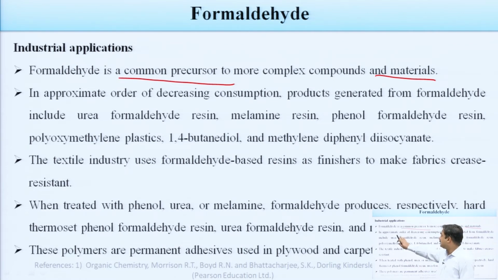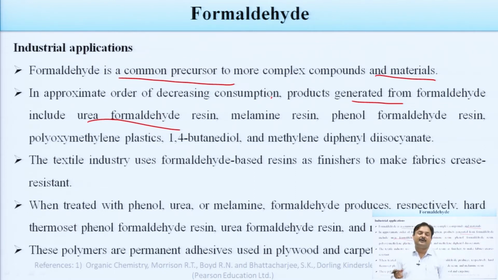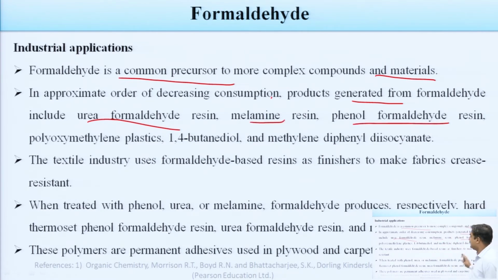In approximate order of decreasing consumption, products generated from formaldehyde include urea formaldehyde resins, very important, which are used to prepare things like tennis balls, pool balls and many others where we need tough materials, melamine resins, phenol formaldehyde resins, polyoxymethylene plastics, 1,4-butanediol and methylene diphenyl diisocyanate.